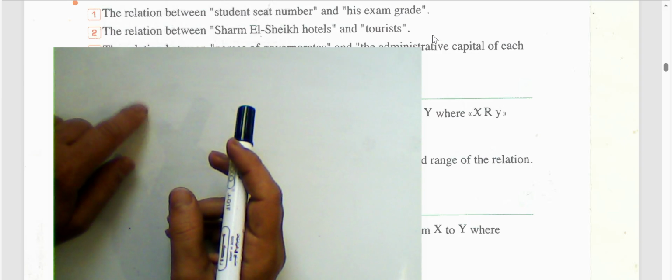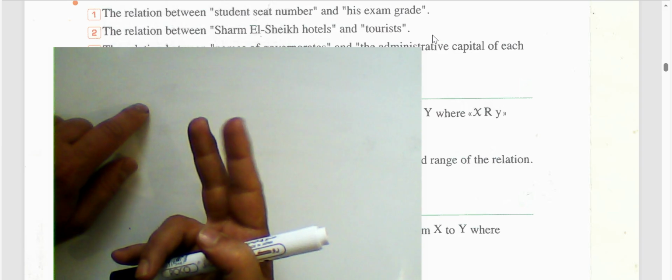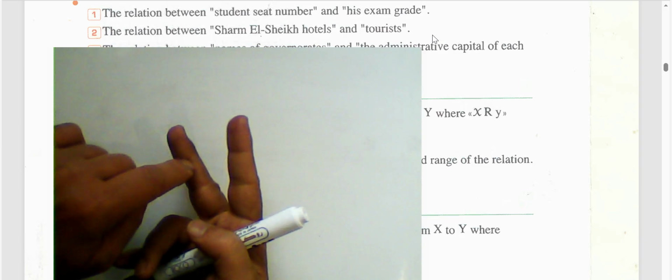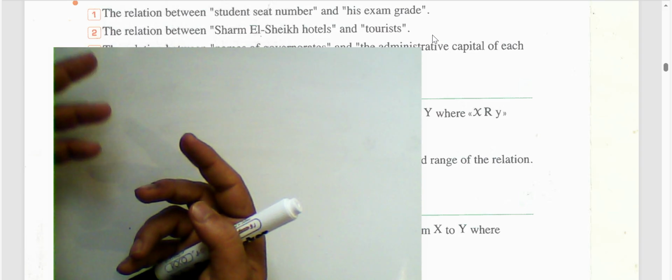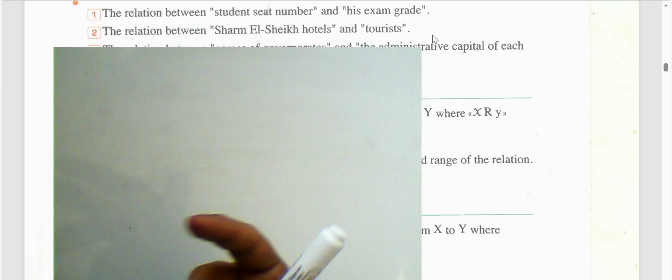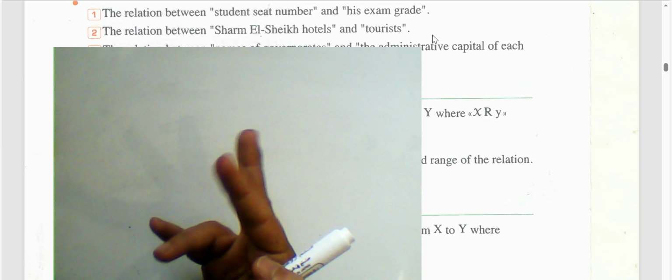Maybe one of the tourists in the first group has 2 hotels, not only one hotel. Or never a hotel. Sometimes the tourists come without a hotel. Understood? Then Sharm el-Sheikh hotels and tourists is not a function, because the first group may have received 2 hotels.